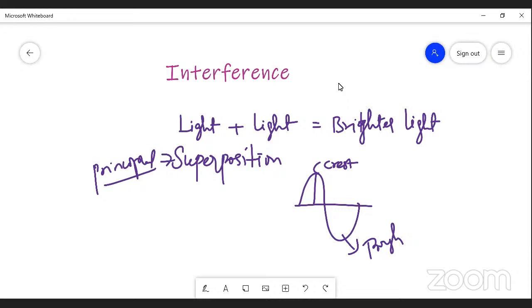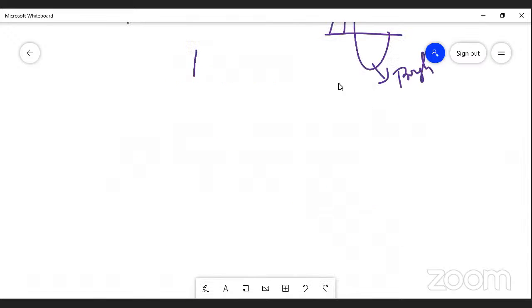Constructive interference is nothing but the crest of one wave falls upon the crest of the other wave, or the trough of one wave falls upon the trough of the other wave, which means the intensity at that point is maximum, which means amplitude is maximum, and intensity is also maximum.